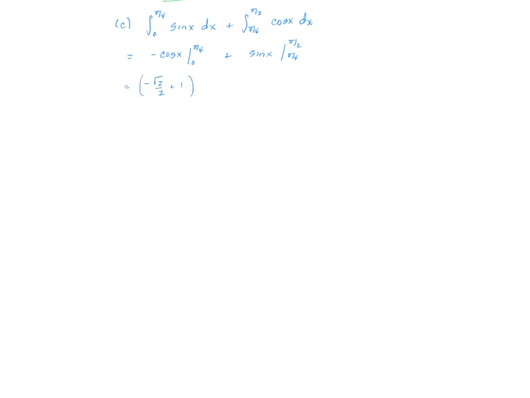So it's this piece, plus sine of pi over 2 is 1, minus, sorry, sine of pi over 4, which is square root 2 over 2. Okay, so it looks like this is going to be 2 minus square root of 2. And that is a positive number, so I probably did my math correctly.